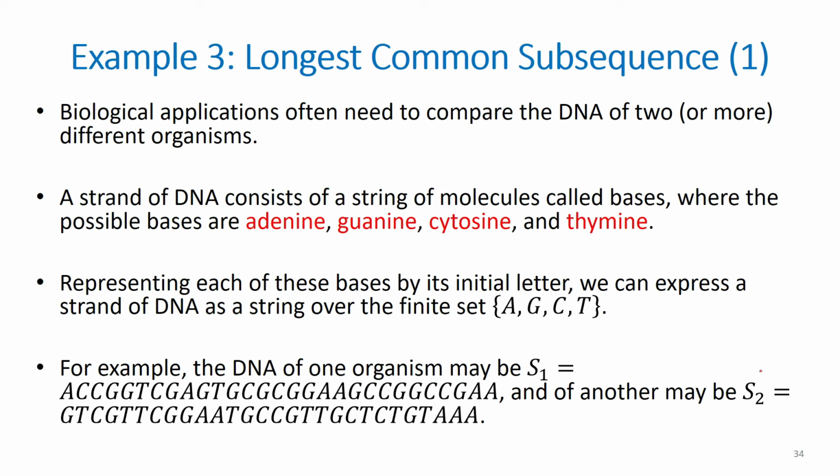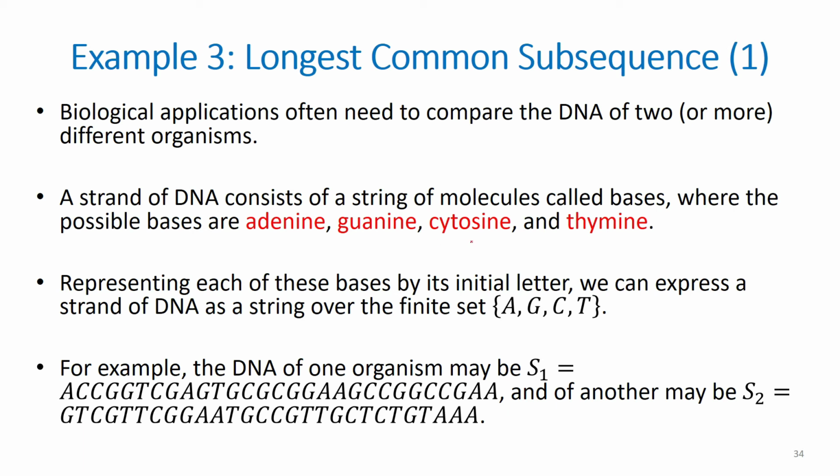Our final example deals with a very common application called longest common subsequence, or LCS for short. One immediate application that comes to mind is genetic sequencing in biology, where it is required to compare the DNA strands of 2 different organisms. We know that each DNA strand comprises 4 bases, namely adenine, guanine, cytosine, and thymine.